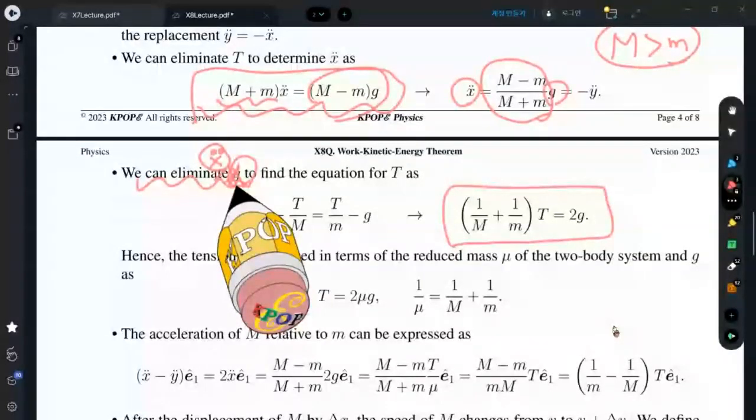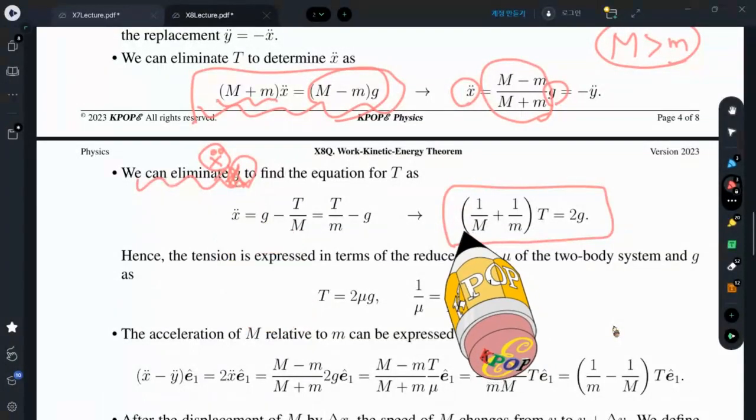I need to mark on it. Page 5. Eliminate g, x double dot. Okay, anyway, we arrived at that factor.